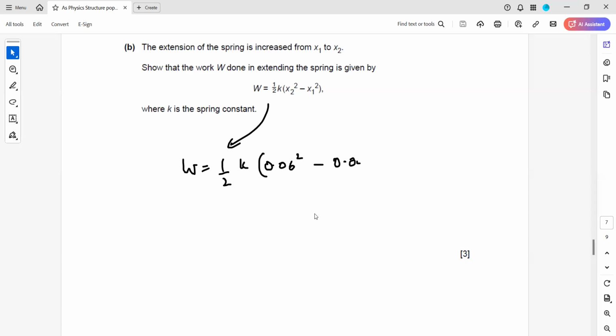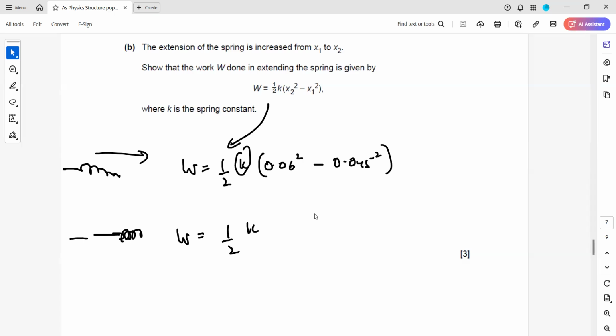We have to convert centimeters into meters, and the spring constant is also given to us. That is the spring which is being stretched. What about the spring which is being compressed? How much work is done on that spring? It will be half K, the new value is 0.03, the 3 centimeter, minus the original extension, 0.04.